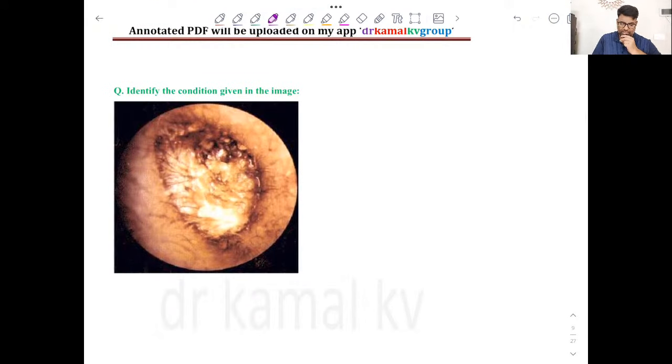Now what is this condition here? Any idea what is this condition which is shown in the image? Yes, anyone? Now this is known as Keratosis obturans, right? You can see it has almost filled the entire external auditory canal.